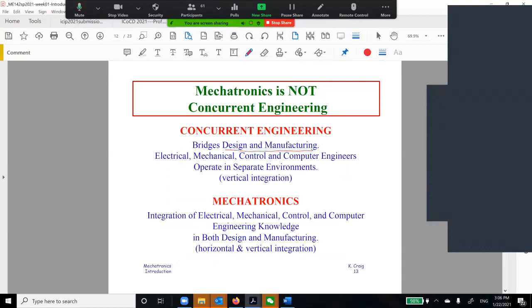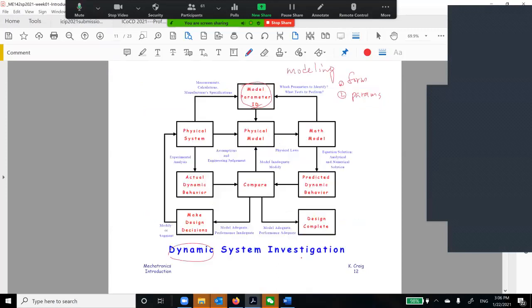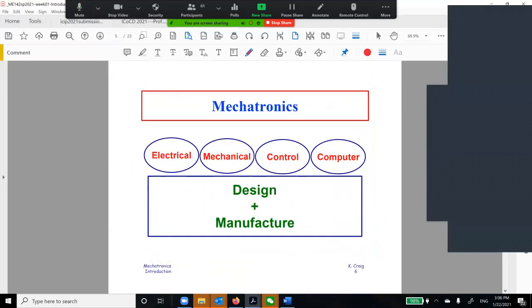Those electrical, mechanical, control, and computer systems operate in separate environments. So this is called vertical integration. However, in mechatronics, you need to have vertical and horizontal integration. That is actually shown in this picture. Mechatronics.